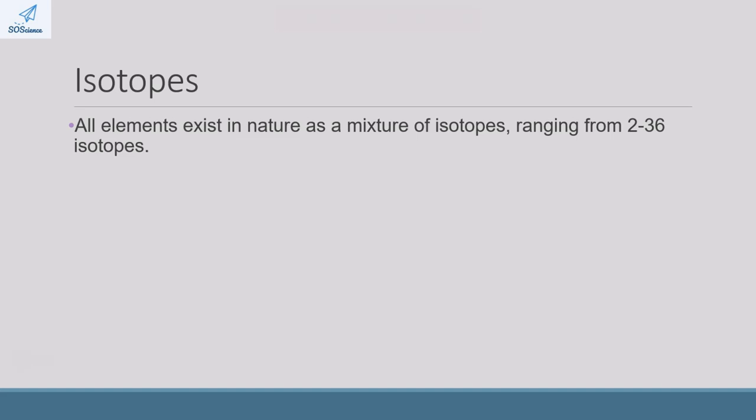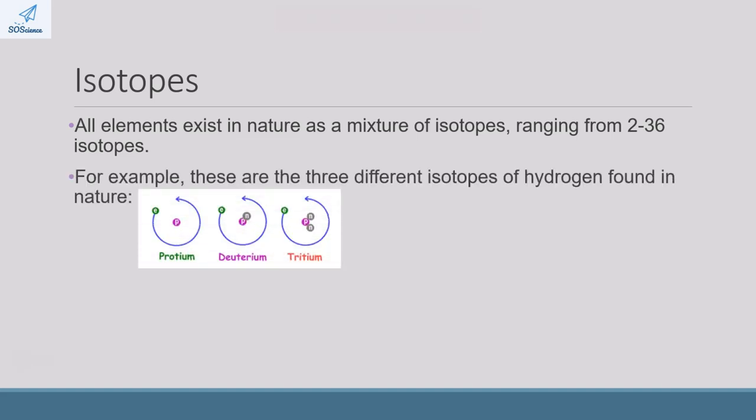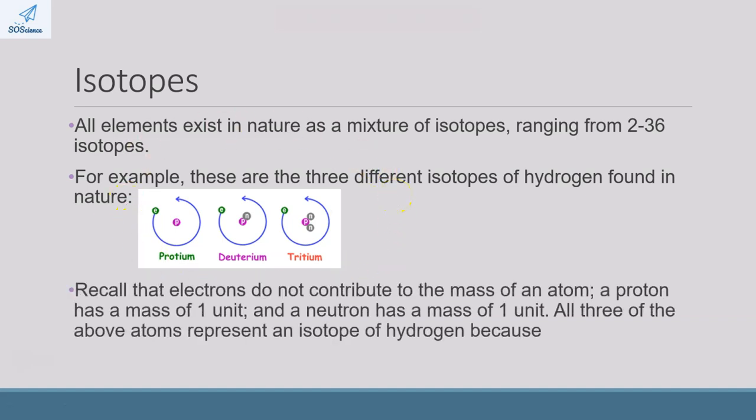All elements exist in nature as a mixture of isotopes, ranging from 2 different types of isotopes to up to 36 different types of isotopes for one element. So here we can see 3 different isotopes of hydrogen that are found in nature. Now, recall that these electrons over here do not contribute to the mass of an atom.